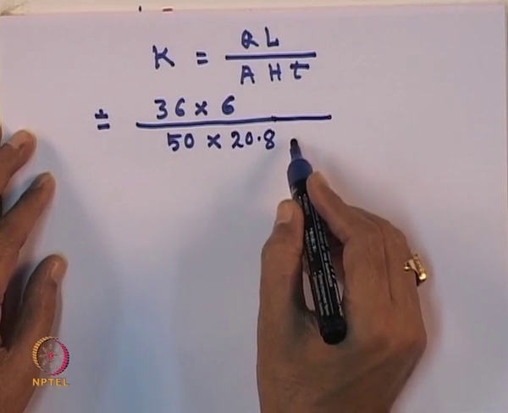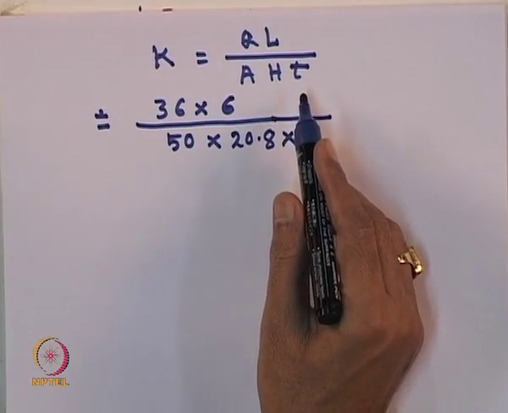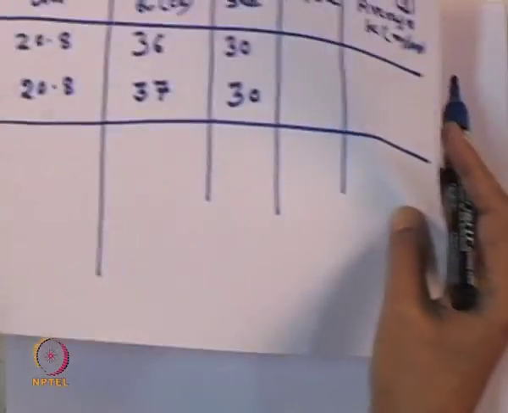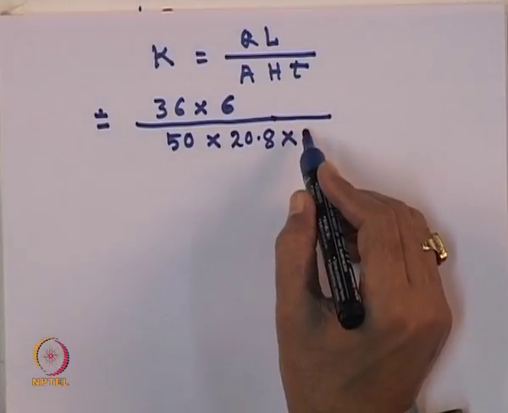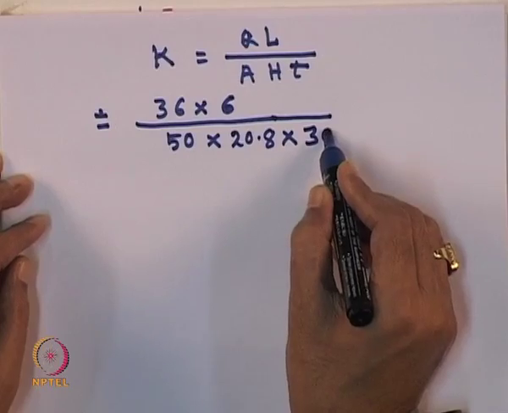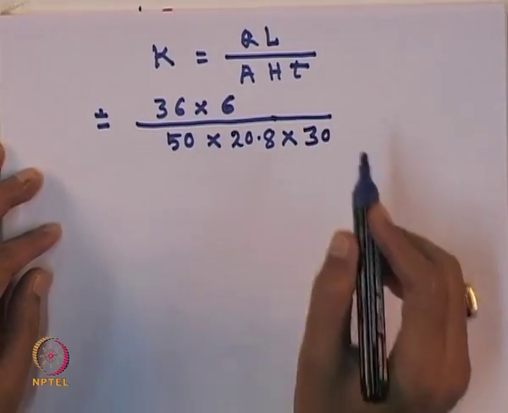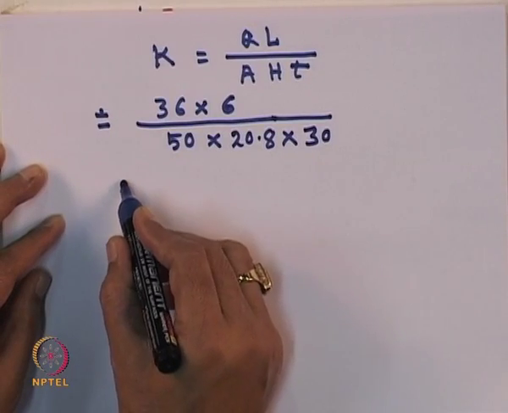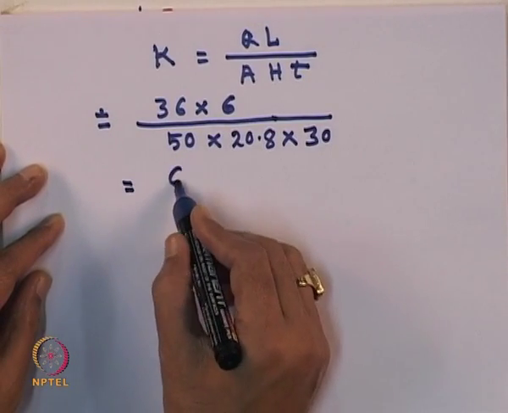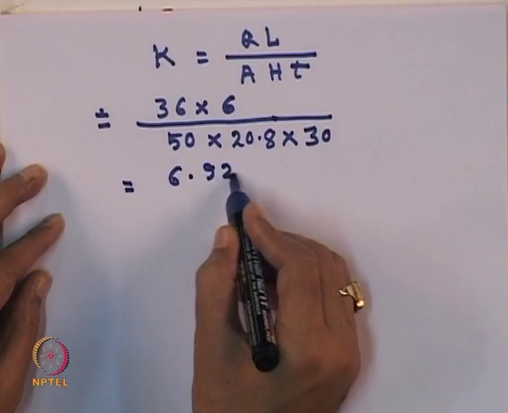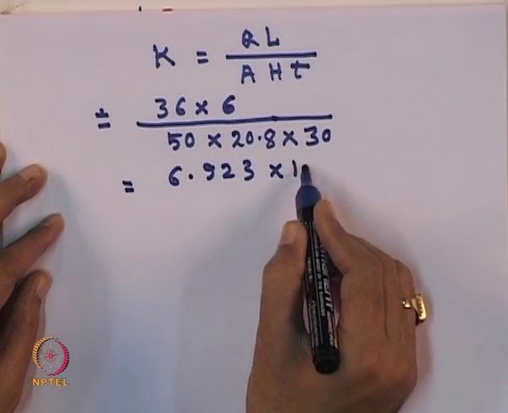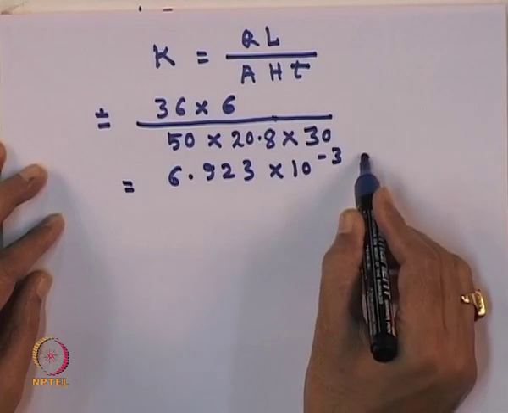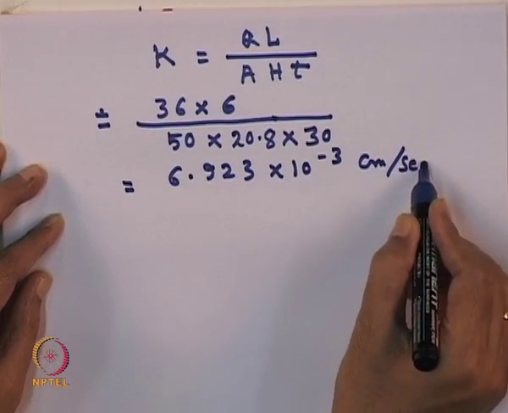This into time T. T required here is 30. So if you calculate this, then you have 6.923 into 10 to the power minus 3 centimeter per second.